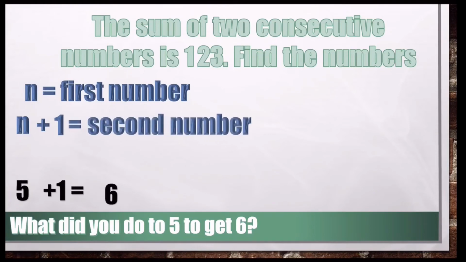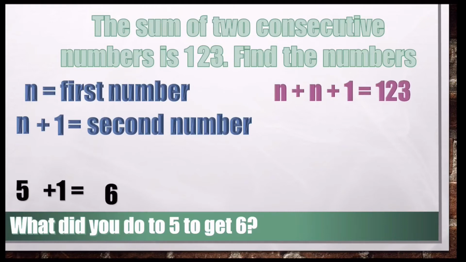So now I've got a variable for both numbers. My first number is n, because I don't know it yet, and once I find n, all I'm going to do is add 1 to it. And then what did my problem say? That it's the sum of those two. So n plus n plus 1 equals 123.